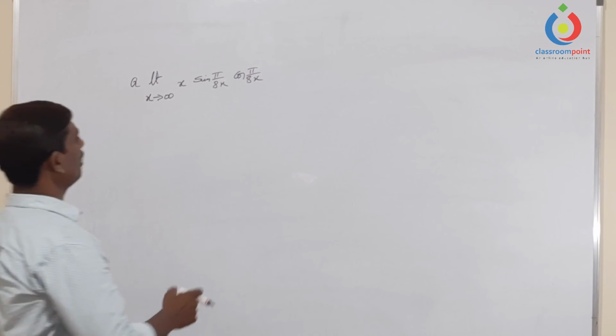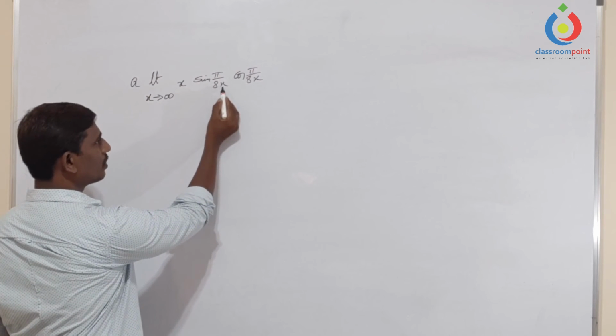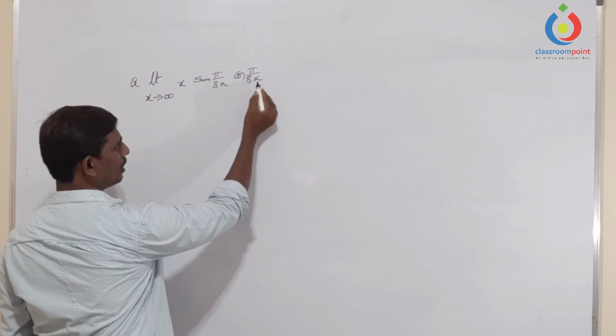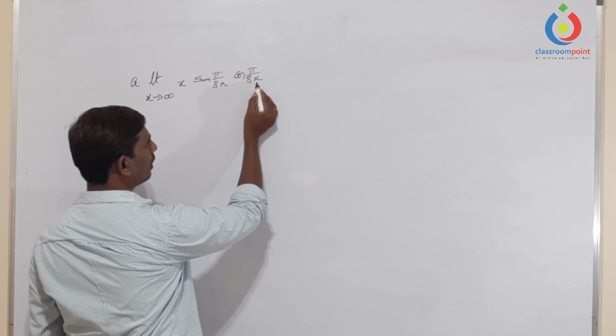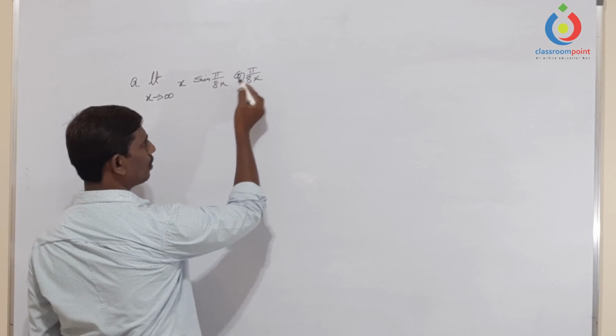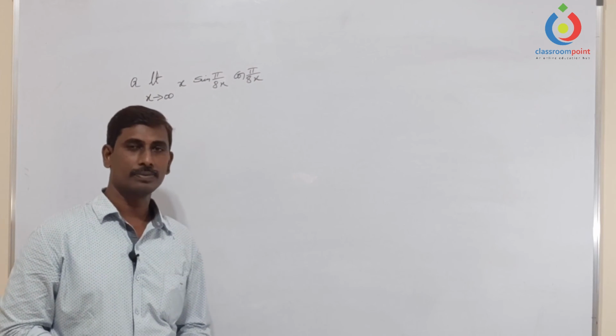Apply infinity in the place of x. This is infinity, this is 0. Sine 0 is 0, and this is infinity. Infinity means 0, 0 means cos 0, cos 0 value is 1. So infinity into 0 form. Right?